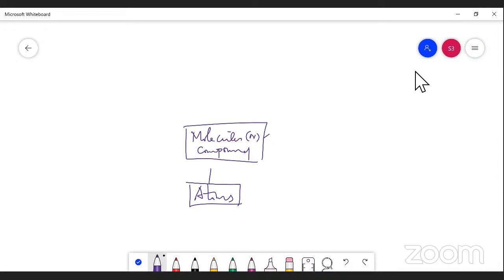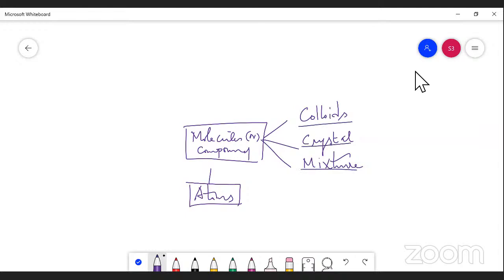Compounds are of three types: fluids, crystals, and mixtures. These are the non-living matters.